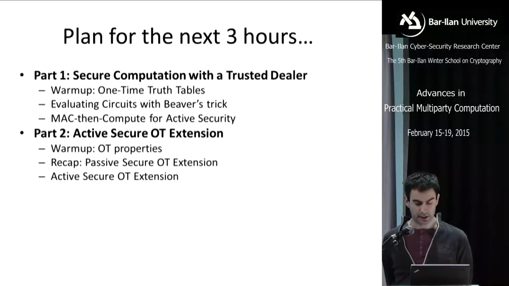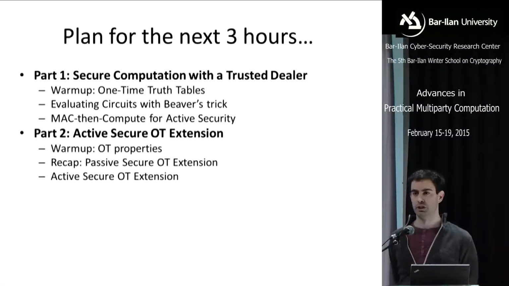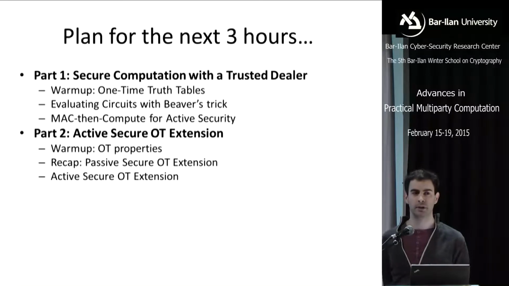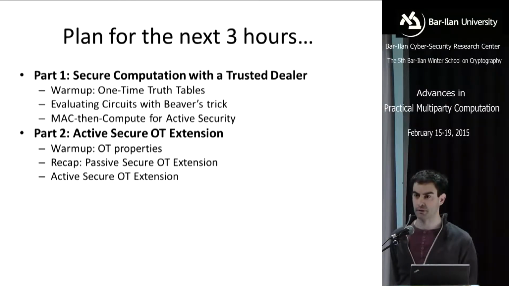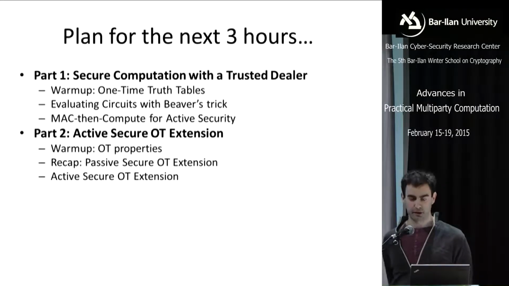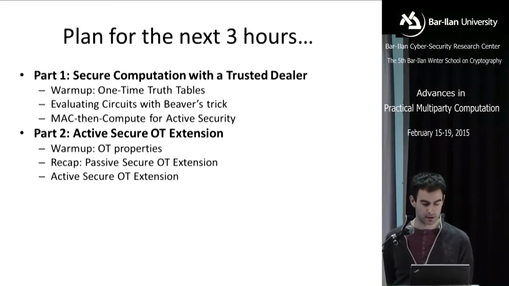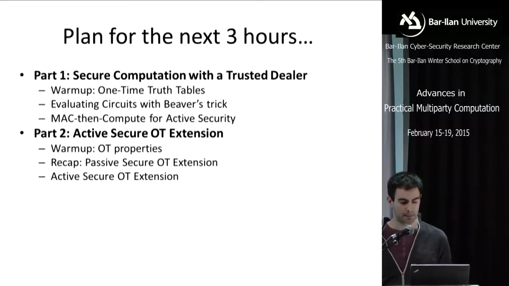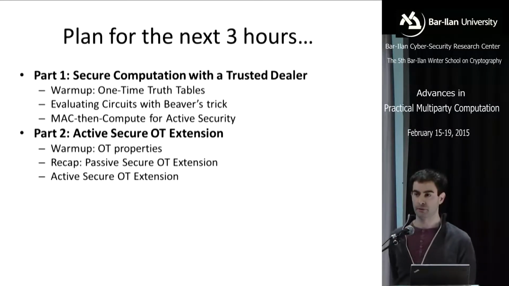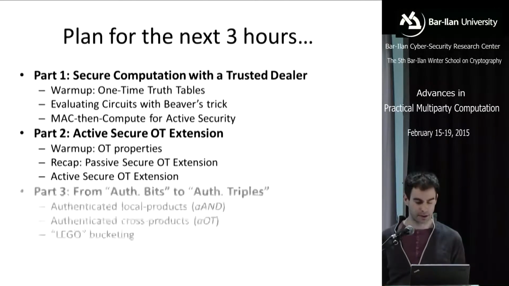Or at least it's kind of hidden in this paper, but it's probably the main technical contribution of this paper, which is an active security extension protocol, which only has a constant overhead on top of the passive OT extension protocols that you have seen on the other days. And Yehuda promised you that I'm going to explain how this works, so I'm going to tell you something about oblivious transfer properties and recap how the passive security extension works, and finally how our actively secure OT extension works.